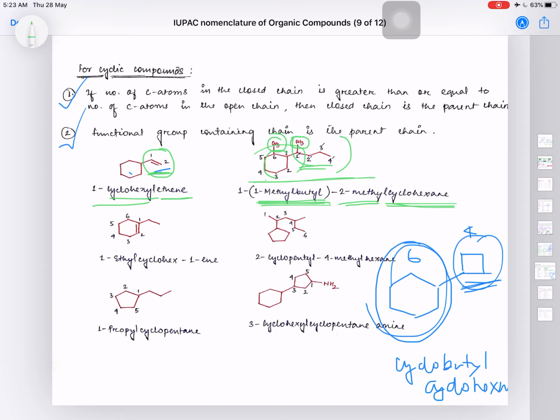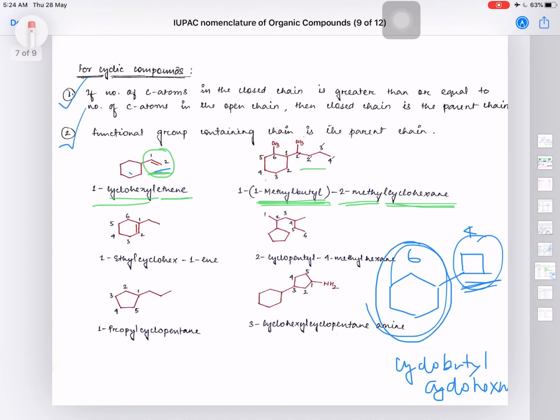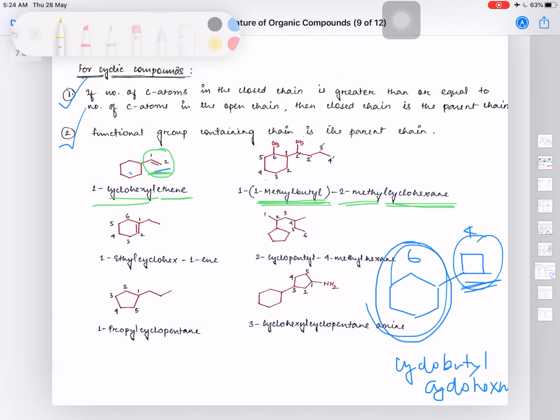Numbering is the same: you have to number so that the functional groups or substituents get the least possible number. Now see this example, this numbering is fully incorrect. This is 1 2 3 4 5 6, so it will go the opposite way. It will not be this way, this is wrong. It will be like this.